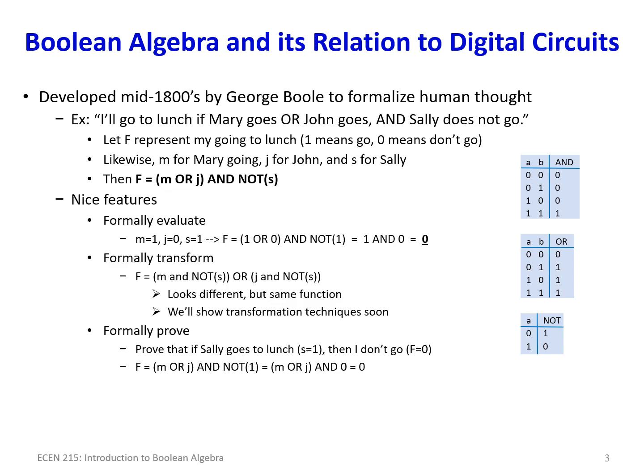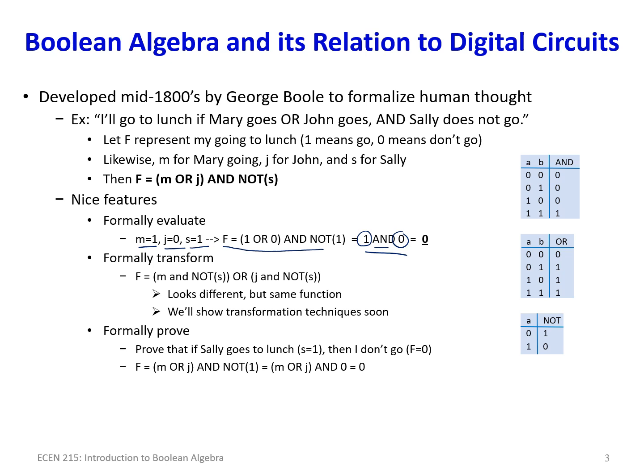There are a lot of nice features of this. We can formally evaluate all the possibilities here. We can write a truth table for all of this and evaluate for different conditions. For instance, we can say Mary is going, John is not, and Sally is. We formally evaluate the function and come out with 1 and 0.